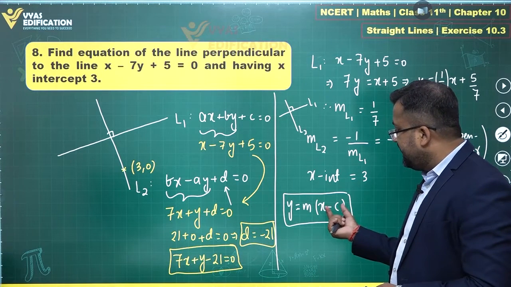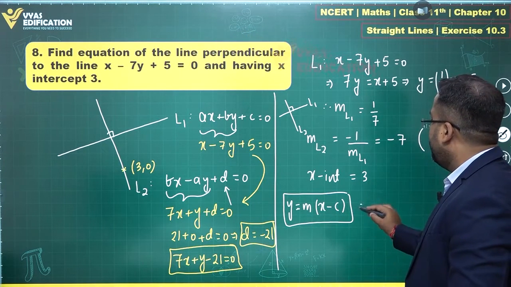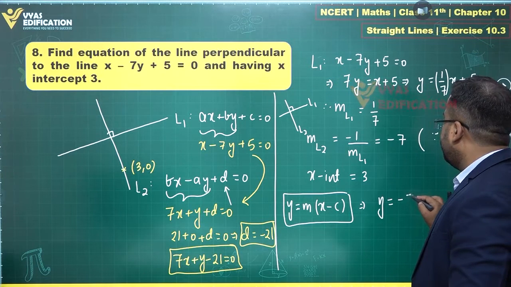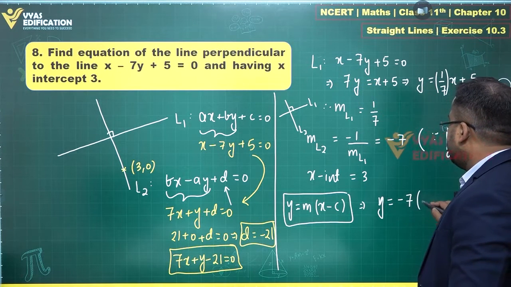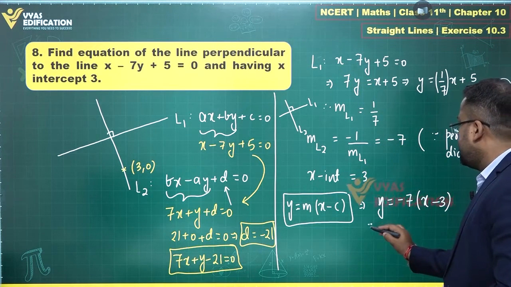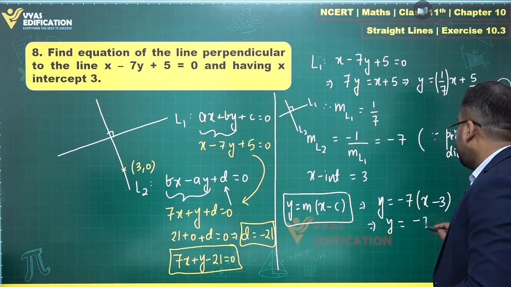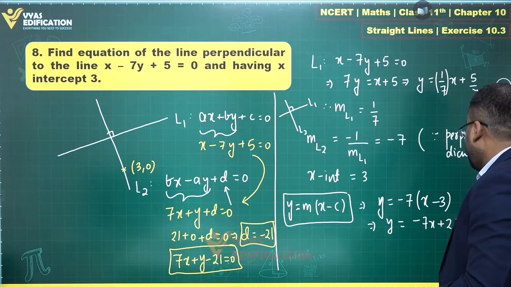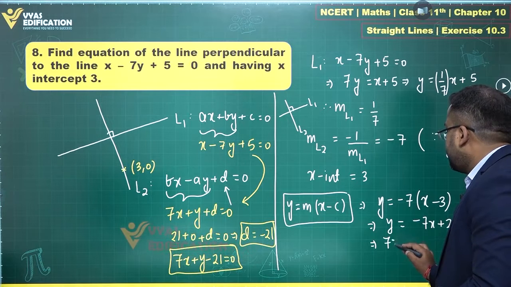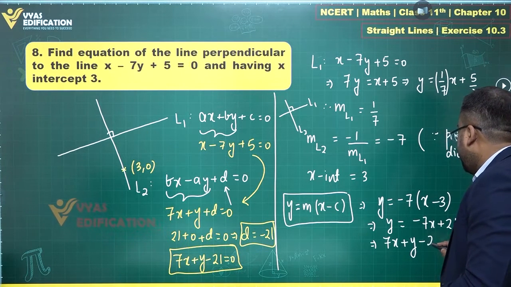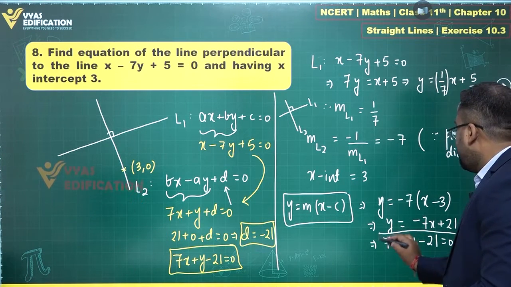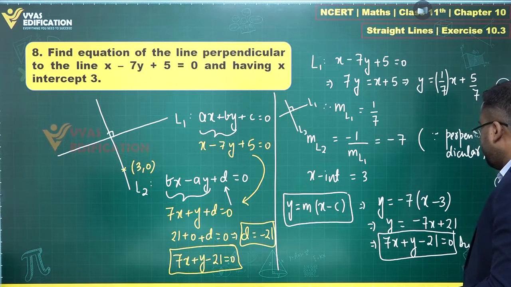If the x-intercept is c, this becomes x - c, and this is the slope, which tells me y = -7(x - 3), which tells me y = -7x + 21, or 7x + y - 21 = 0 is my answer for this question.